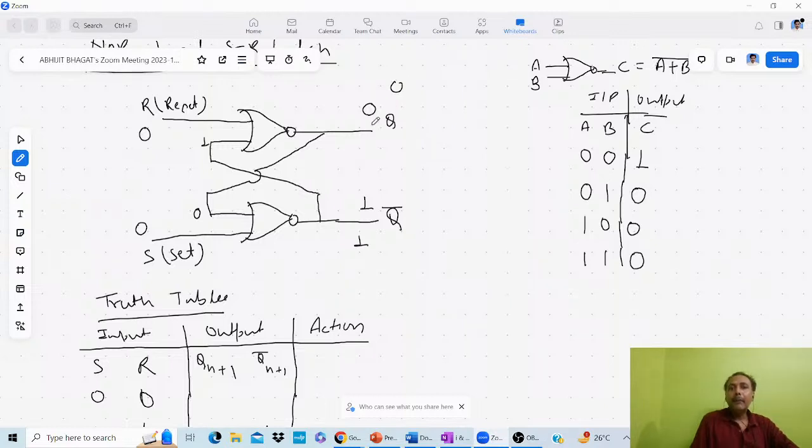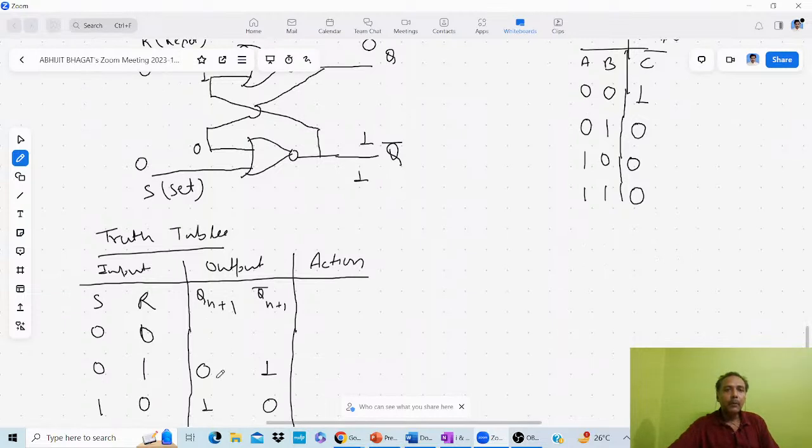Means if your previous input is 0 and 1, then when you supply the 0, 0 to the input side, you will get the same 0 and 1. Okay. Means for the 0, 0, your output is same as previous output.